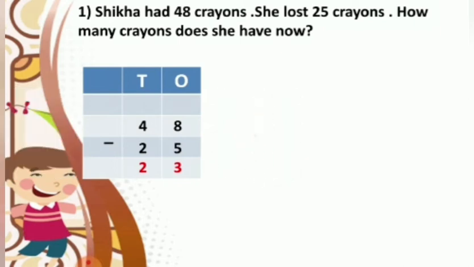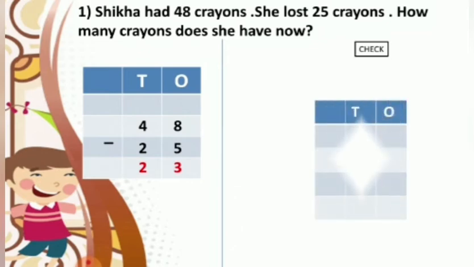So we have to check the answer also. So let us check. 48 minus 25, the difference is 23. So we will start. First we will write 2 in tens column and 3 in ones column, because you got this answer as a difference of 48 minus 25.